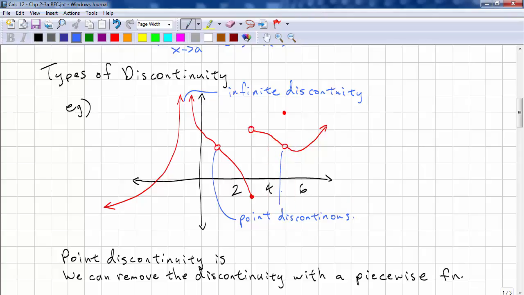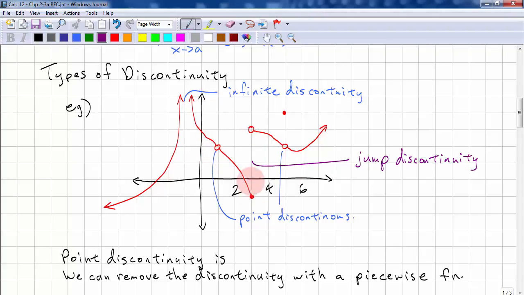As well as this one. This one is slightly different. This one is called a jump discontinuity. The left and right limits are equal, but it's not equal to the value here.